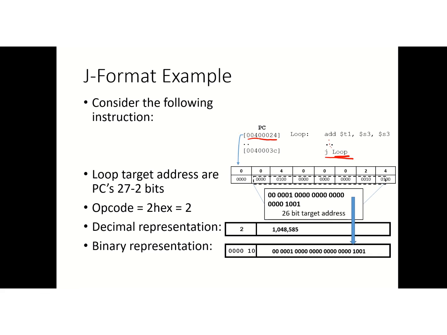The PC runs based on the memory address of each instruction, right? So the loop label is positioned at this memory address, 0040024, and we transform it into binary.